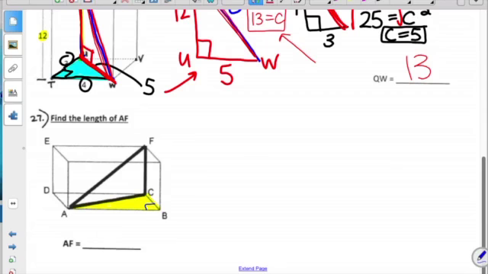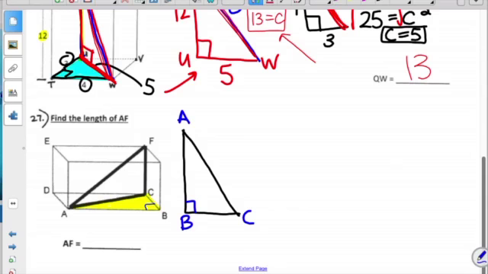Angle B is a right angle. It's a 90-degree angle because it is the bottom corner of our box. So I'm going to redraw that triangle for you. Okay, and angle B is our right angle. Straight up we have A, and over here on the side is C.